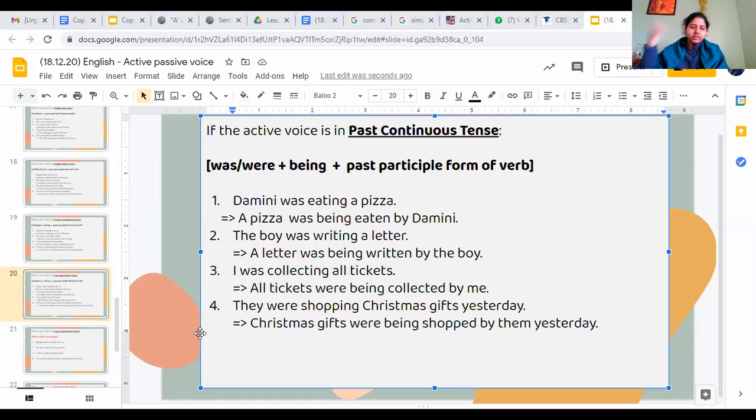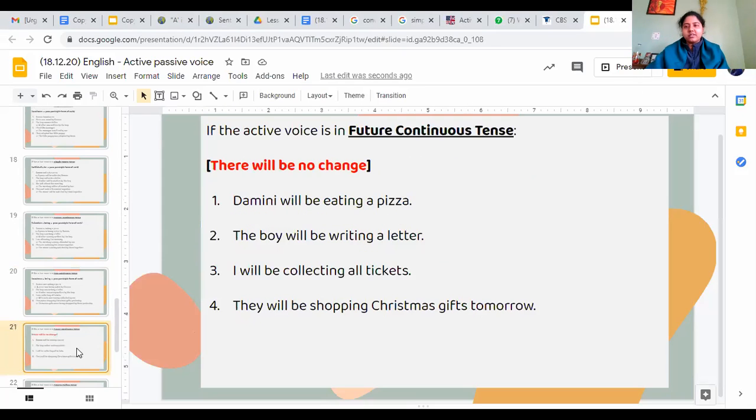Give yourself a pat on your back, and with that we'll move on to future continuous tense. But if you remember, we discussed कि future continuous tense का change हो ही नहीं सकता. Can anyone tell me क्यों नहीं change हो सकता? The thing is, okay, instinctively ऐसे सोच के बताओ. अभी भूल जाओ कि इसका change नहीं हो सकता.